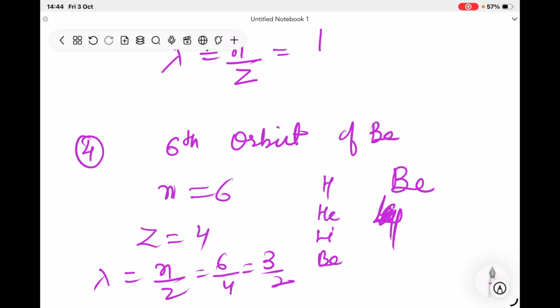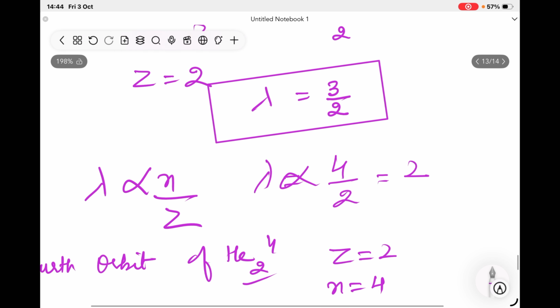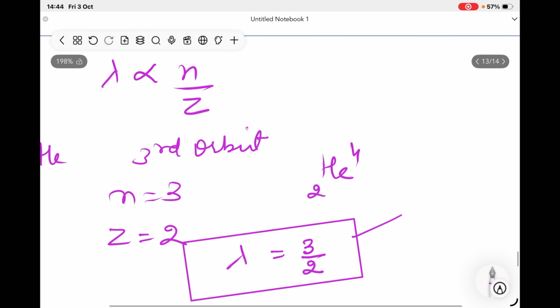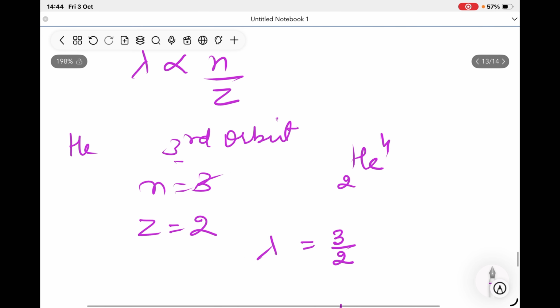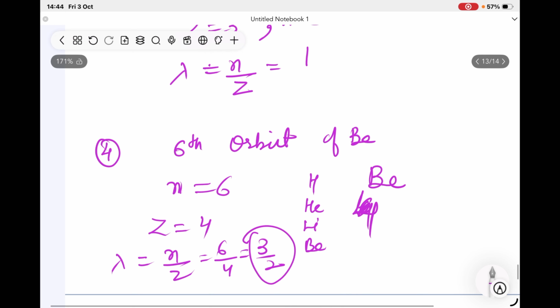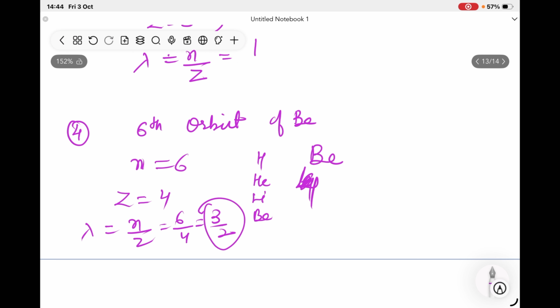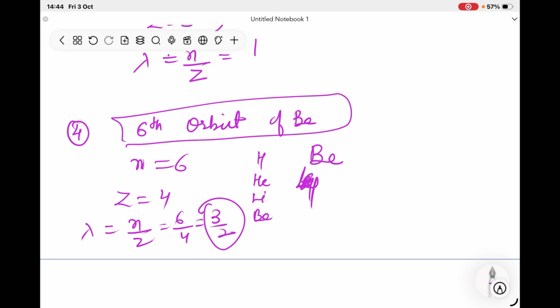So now whose wavelengths are same? Whose answer is 3 by 2? You can see here. Yes, 3 by 2 was first. So third orbit of helium will have the same wavelength as sixth orbit of beryllium. So that is the answer.